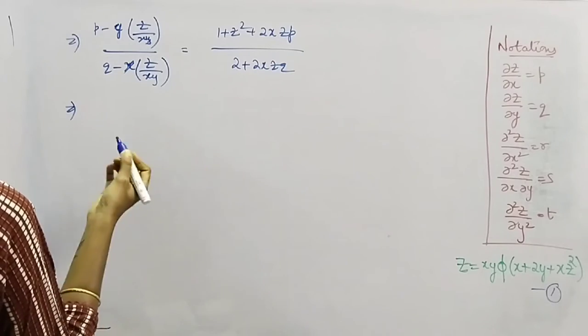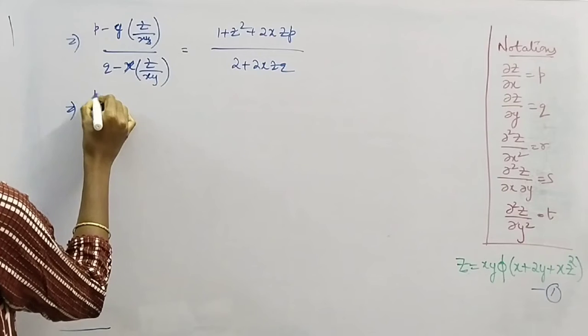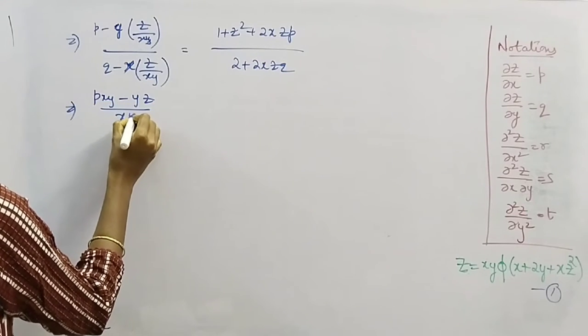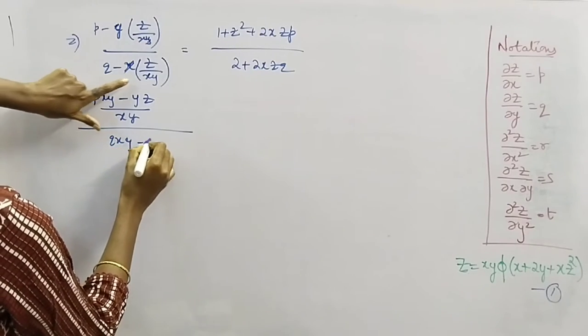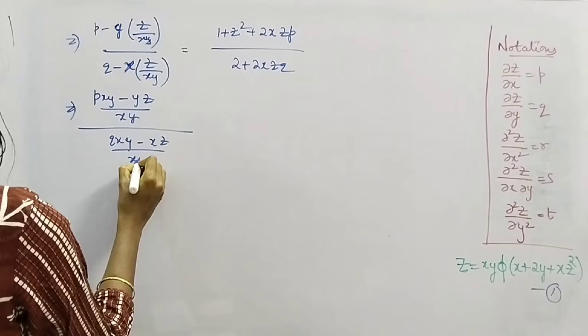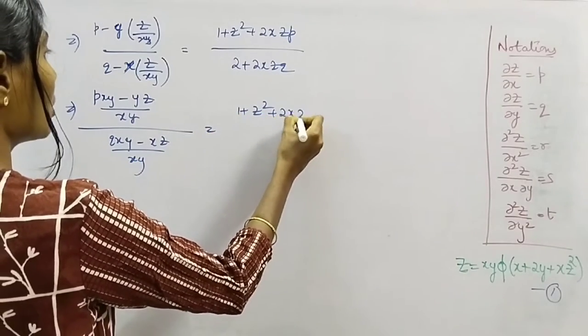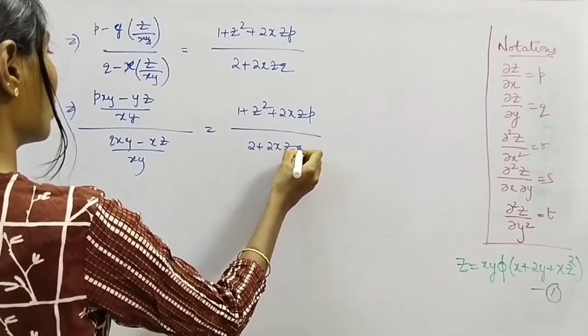Let's see what happens if we take xy as LCM in the numerator and the denominator as well. We'll get (pxy minus yz by xy) by (qxy minus xz by xy) equal to (1 plus z square plus 2xzp) by (2 plus 2xz cube).